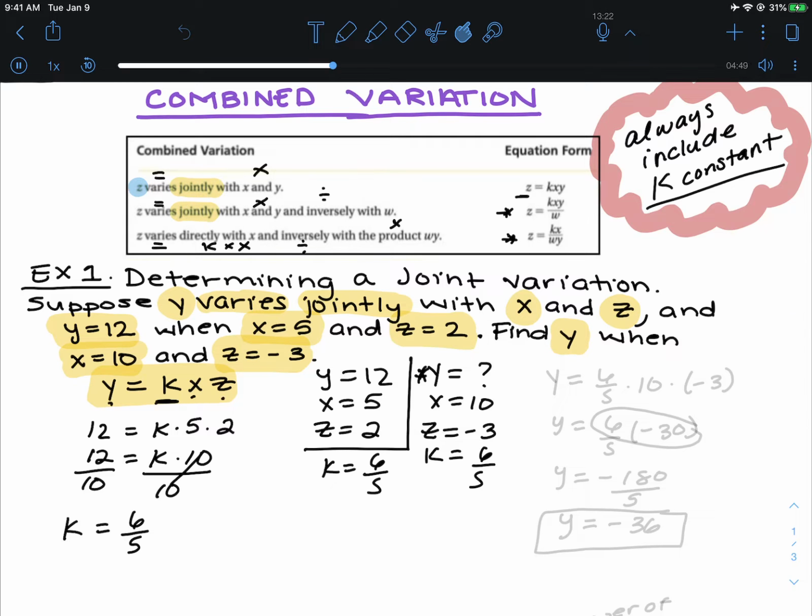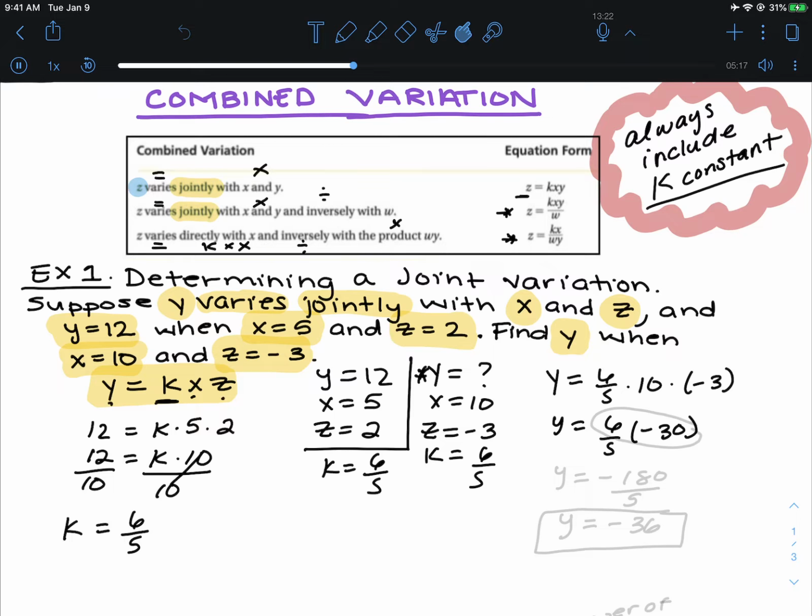So now that we know K, we can go ahead and plug it in to solve for Y. So Y is going to equal K, which is 6 over 5, times X, which is 10, times Z, which is negative 3. And that's because it's a negative, I'm going to put it in parentheses so I don't confuse it for subtraction. So we can go ahead and multiply all of these. I'm going to multiply 10 times negative 3, which is negative 30.